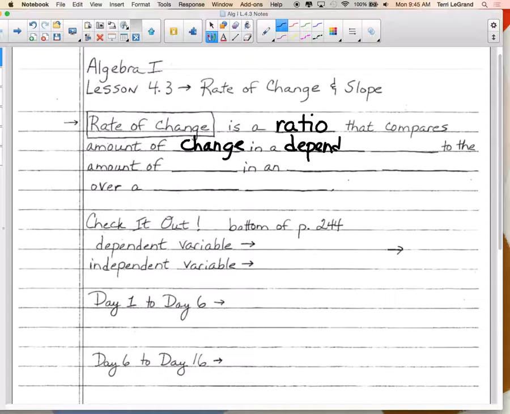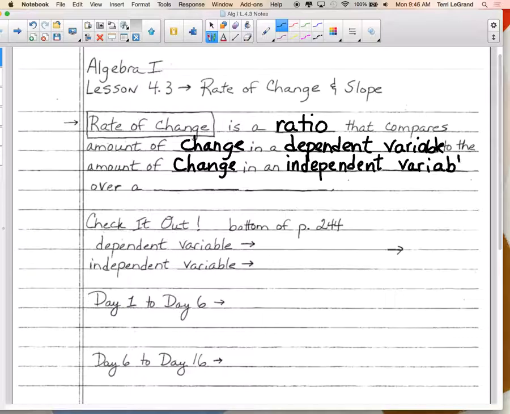What is that typically, our dependent variable again? Y, the Y value. So a change in the Y values to the amount of change, or in other words, downstairs in our ratio will be the change in an independent variable. And our independent variable is most typically what?